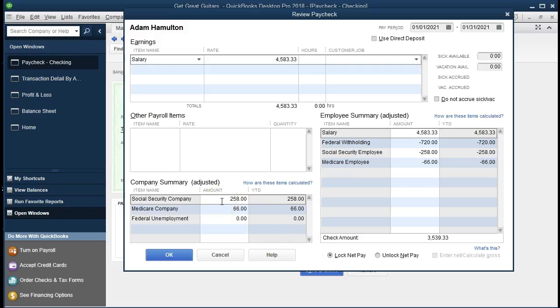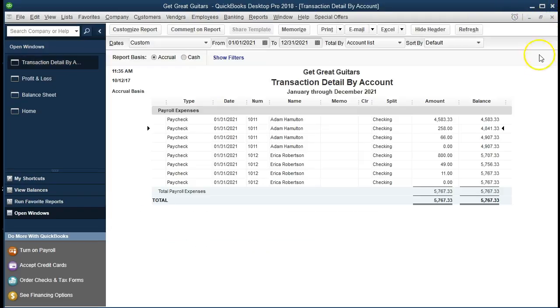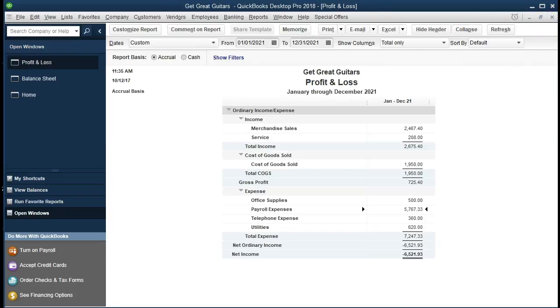Social Security, I believe, is the one we clicked on. These two items are being reported separately, those being not part of the employee wages, but part of our employer payroll taxes. So I'm going to close that back out. We're going to close that back out.